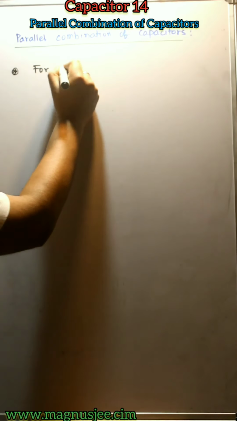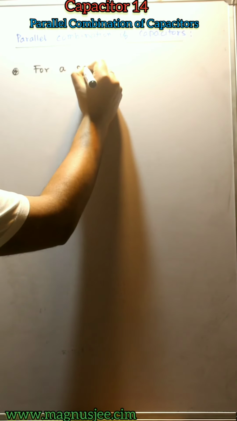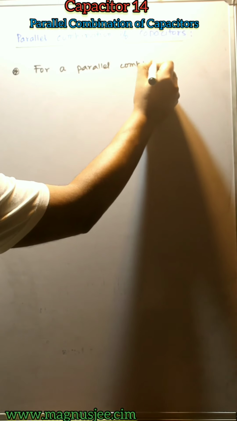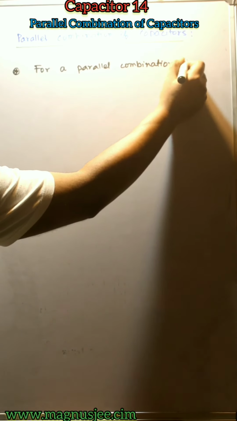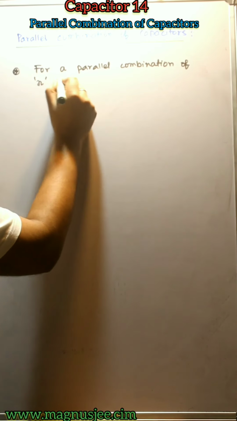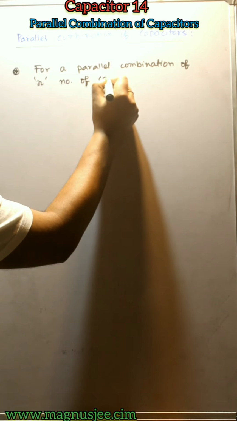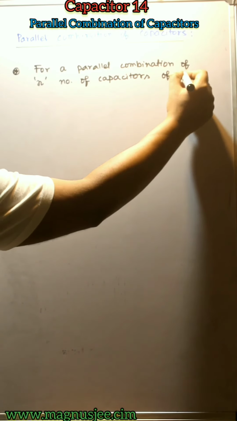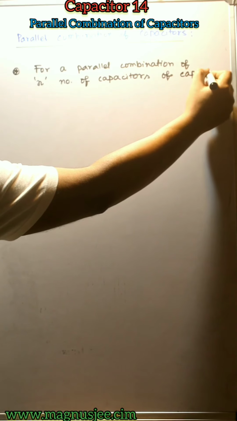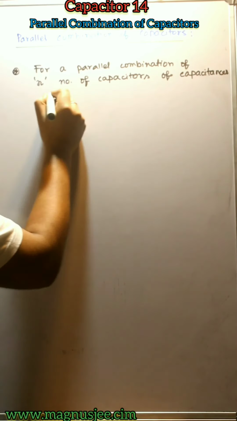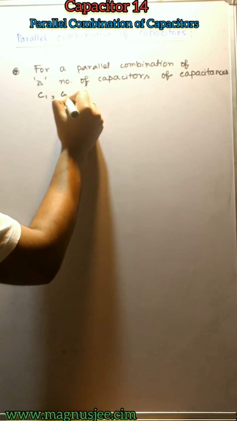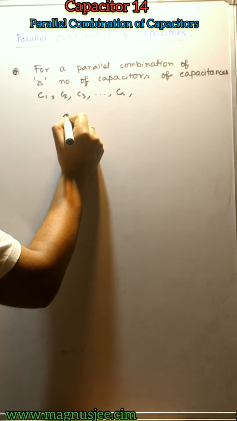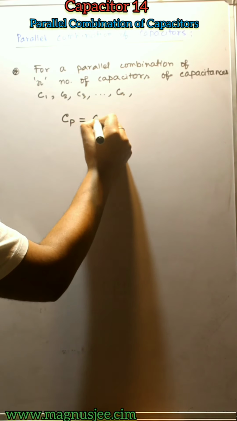For a parallel combination of n number of capacitors of capacitances C1, C2, C3, up to Cn, what will be the expression of equivalent capacitance?